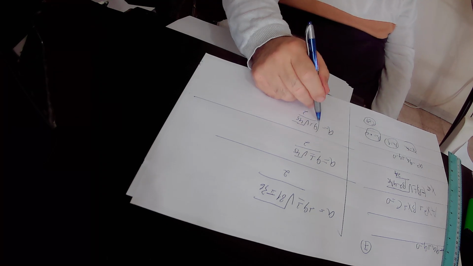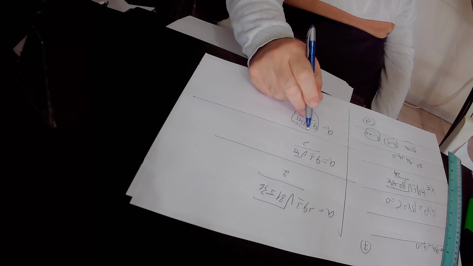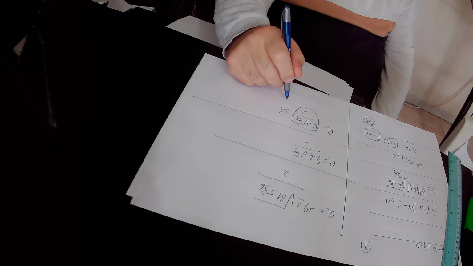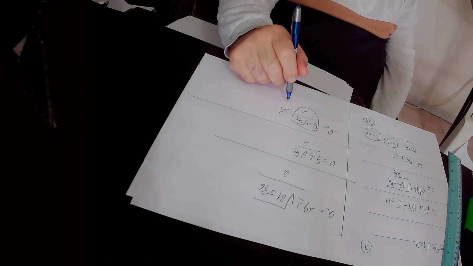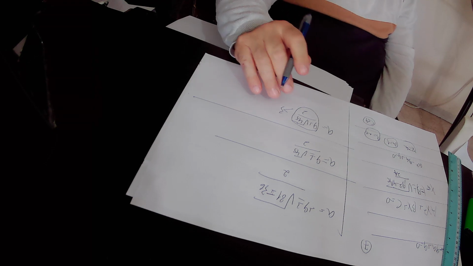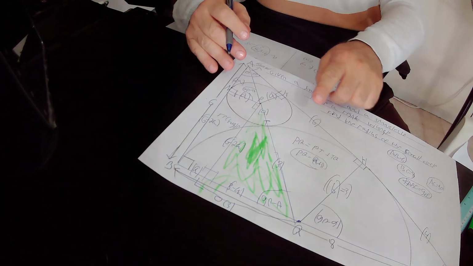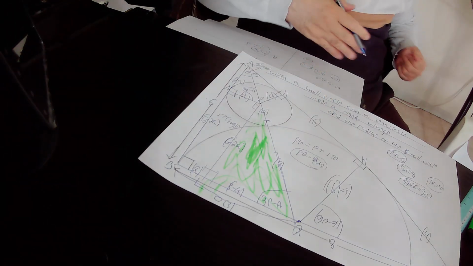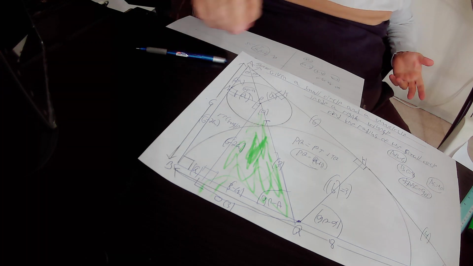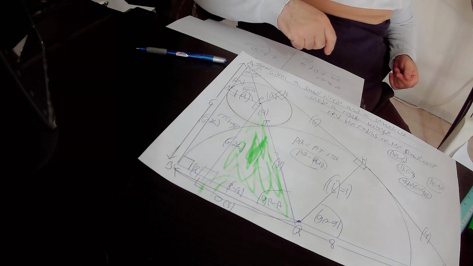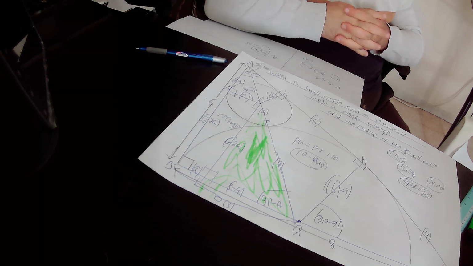Actually, this expression is definitely greater than 3. But the radius of the small circle A cannot be greater than 3. Why? Because the radius of this semicircle B equals 3, and from the drawing it is very easy to see that the semicircle is much bigger than this small circle.